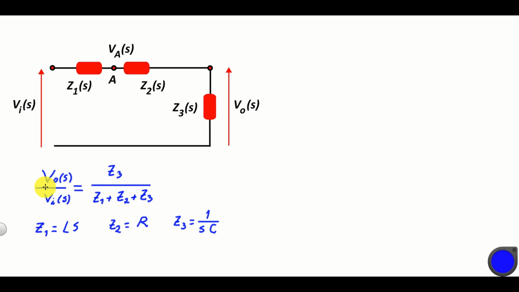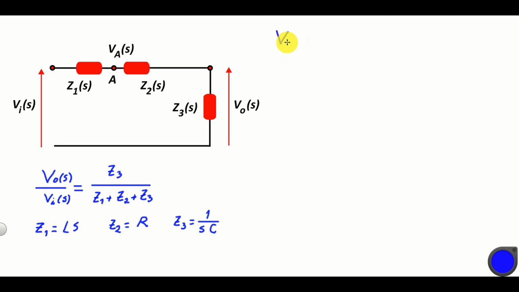Over here for clarity, I've written the final expression once again, and over here you can see the impedance of the inductor, the impedance of the resistor, and the impedance of the capacitor. The next step is to substitute these values inside of our transfer function. As the result, we obtain the following expression.